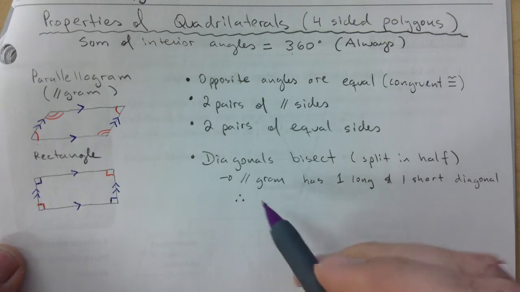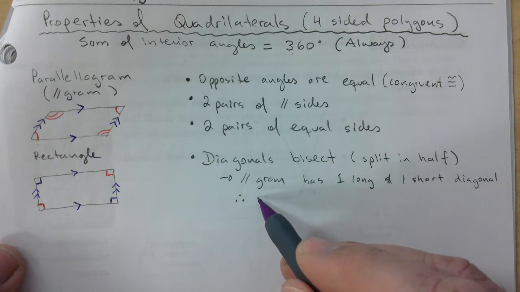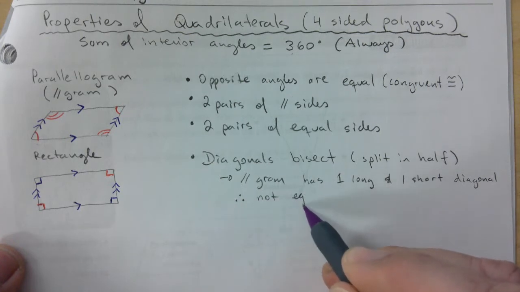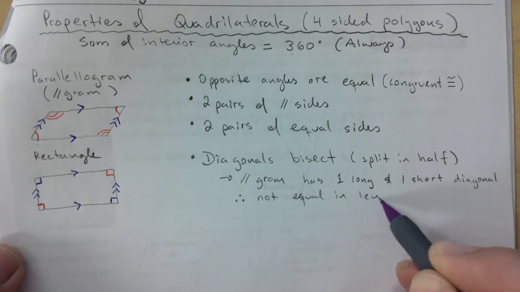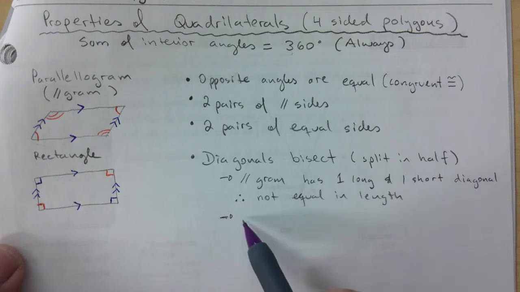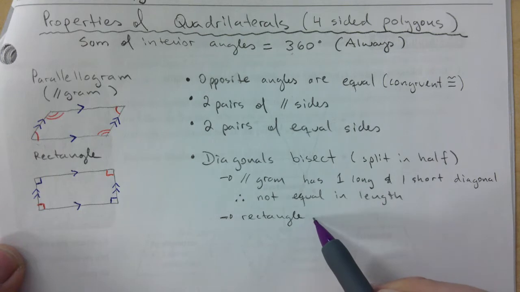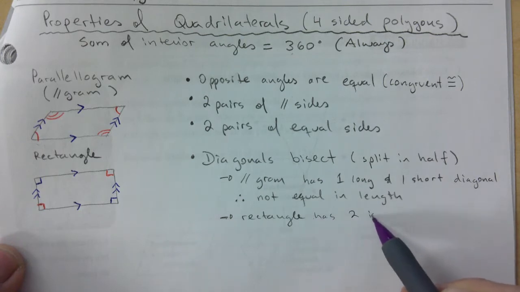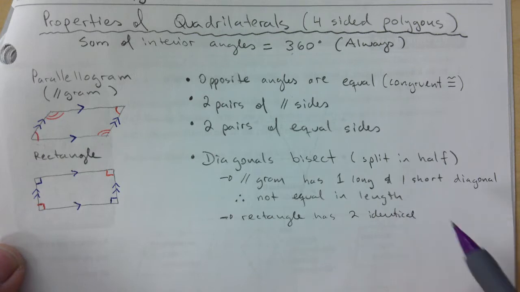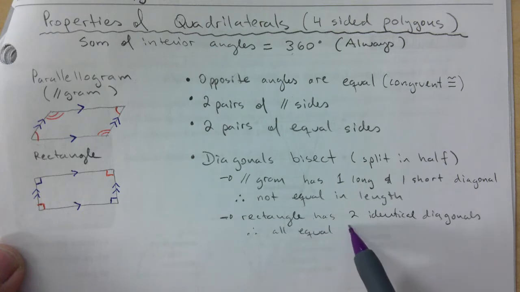Therefore, not equal in length. A rectangle has two identical diagonals, all equal in length.